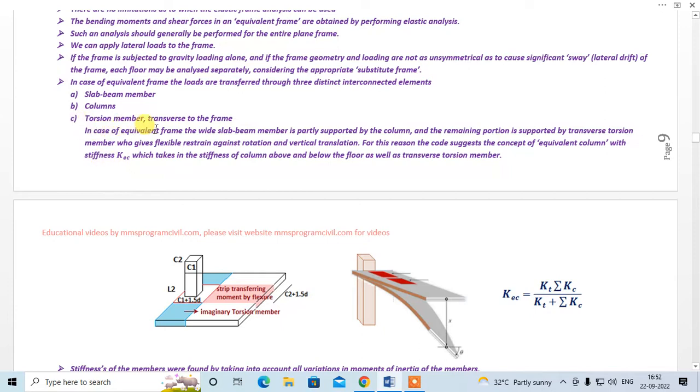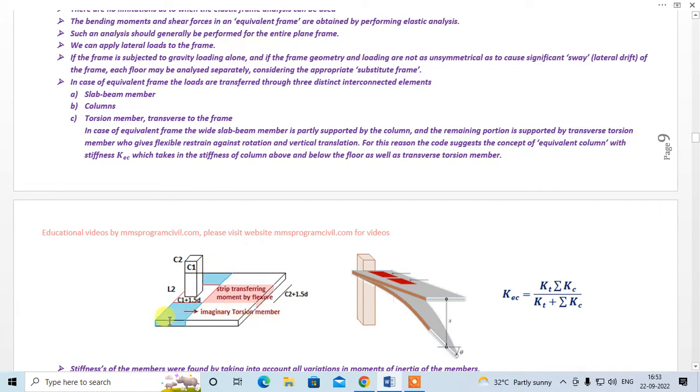Now, in case of the equivalent frame, the wide slab beam member is partially supported by the column, and the remaining portion is supported by the transverse torsion member, which gives flexible restraint against rotation and vertical translation. Okay, fine. So we can see that this strip is assumed to be supported by the column, and the remaining portion is assumed to be supported by this imaginary torsion member, right?